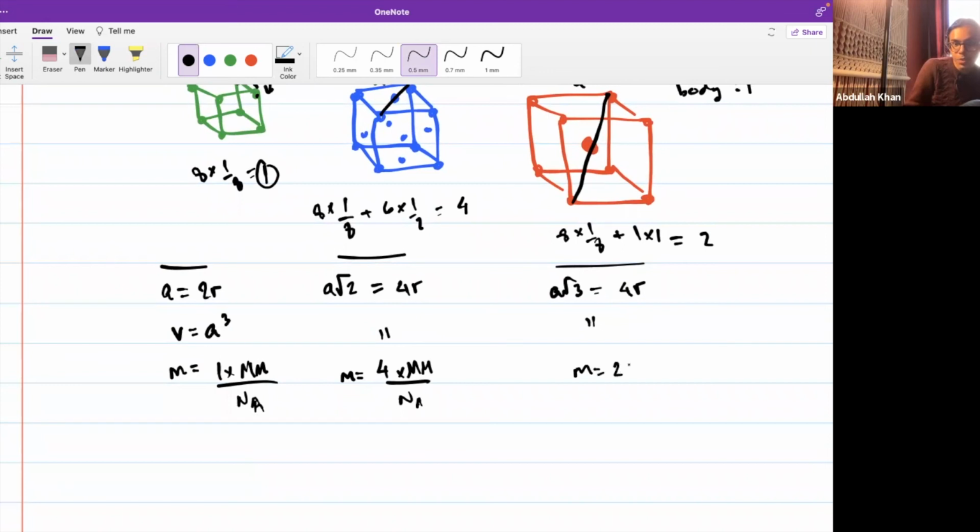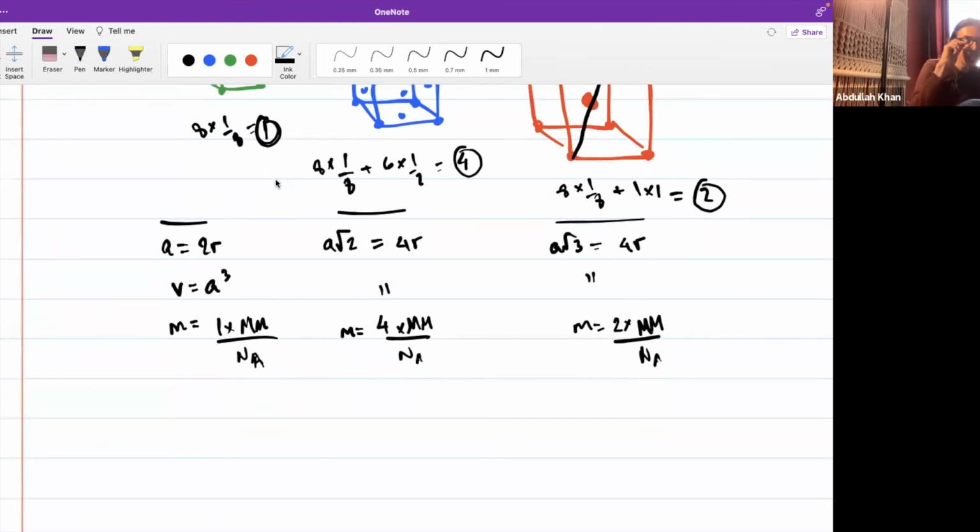Here, it's going to be 2 times. These are the numbers I'm looking at: 1 times, 4 times, 2 times, divided by Avogadro's constant. And then lastly, you can be asked, what's the density of each unit cell? Well, mass divided by volume. Mass is 1 times this divided by that.